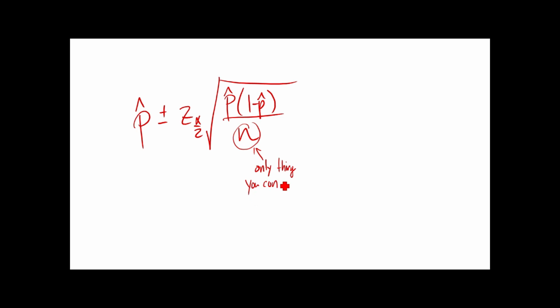Because based on the application, you're going to pick your confidence in advance, so this z-value is fixed. Can't change that once you pick your confidence. You're going to take a sample, and it's just going to give you a proportion, p hat. You don't have any control over that. That's just what your sample tells you. So the only thing you really control is your sample size.